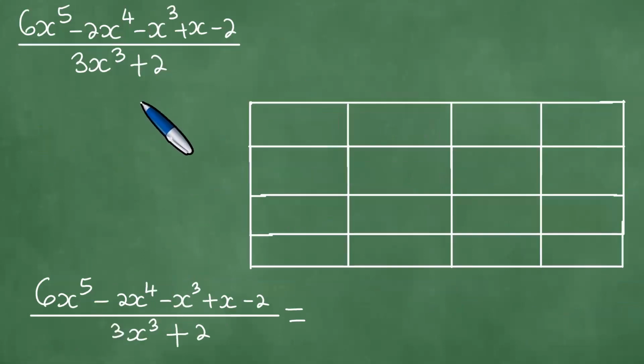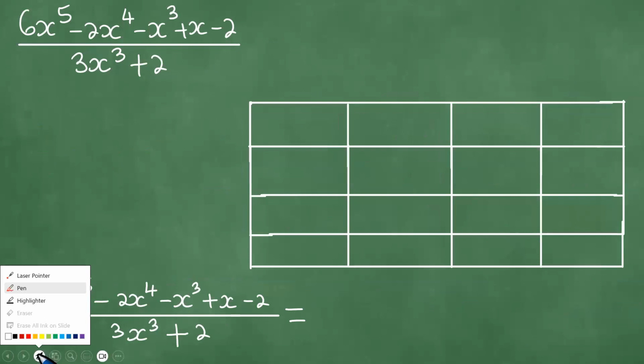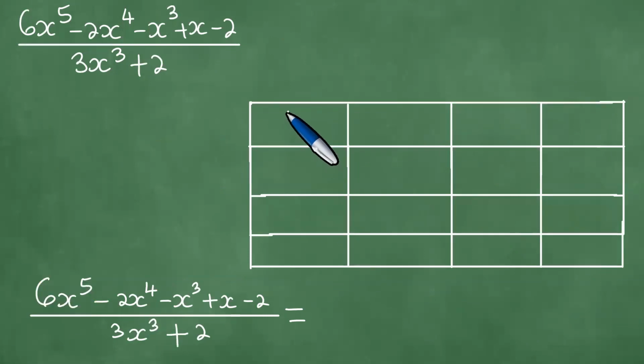Now at this point, we're excited to have to divide a fifth-degree polynomial, 6x to the 5th power minus 2x to the 4th power minus x cubed plus x minus 2, divided by 3x cubed plus 2. And a couple of things are always extremely important here, and it is to drop into this block here of the box 6x to the 5th power.